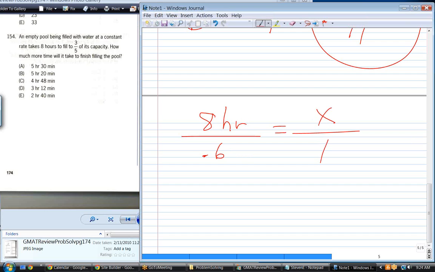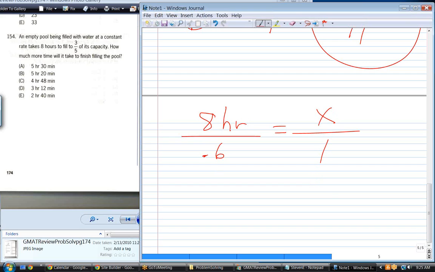Where'd you get the 6? 3/5 is 6/10. I figure it would be easier to represent that as a decimal than a fraction. In other words, since it's filling it at a constant rate, I know that this ratio is correct. If it's going to take 8 hours to fill 6/10 of the pool, then it would take X to fill 1 of the pool.